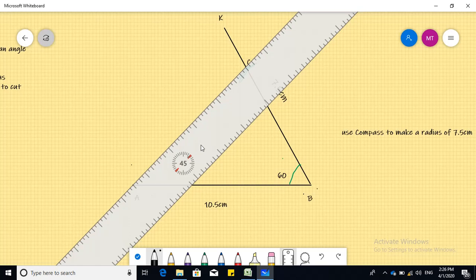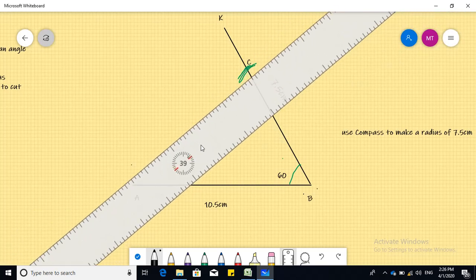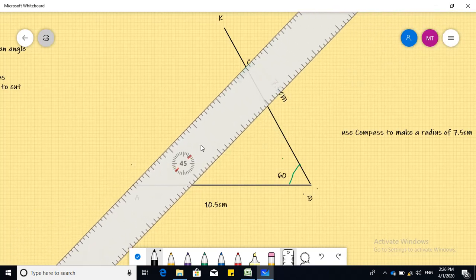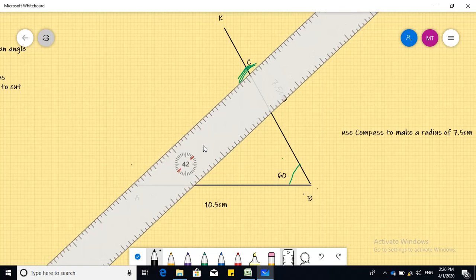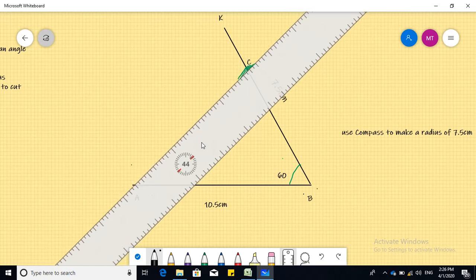I think this will be better. Done. Drawing a line, exact line.